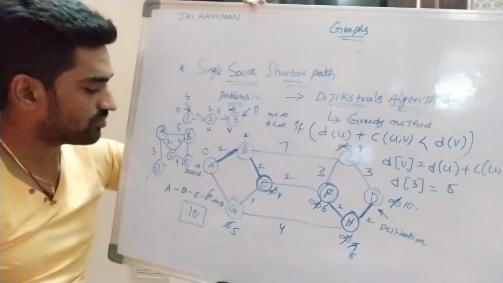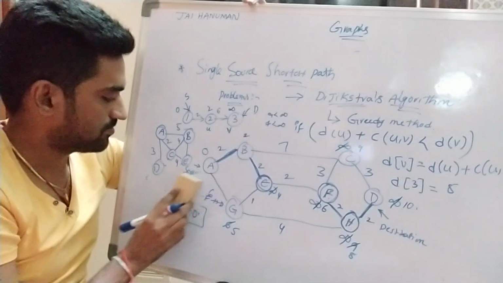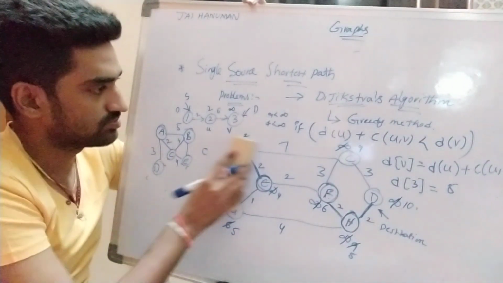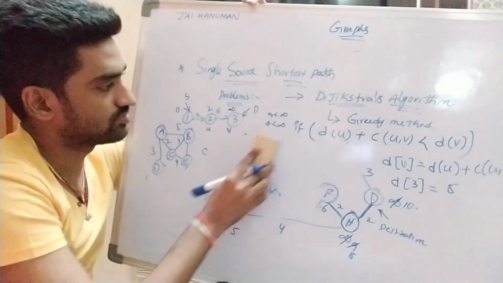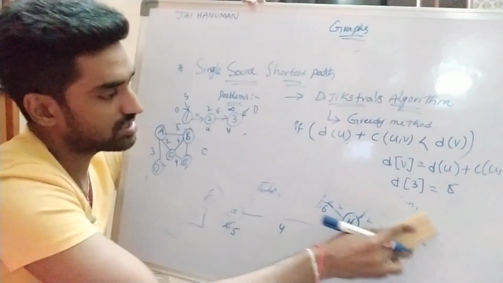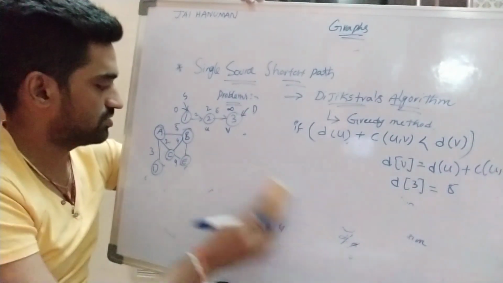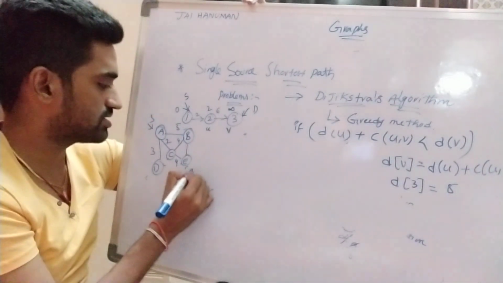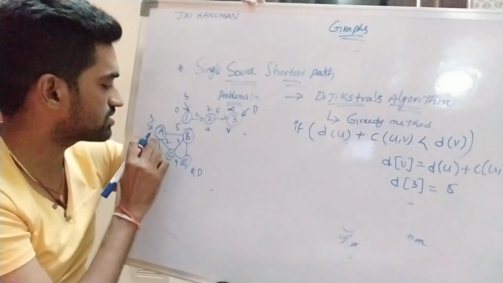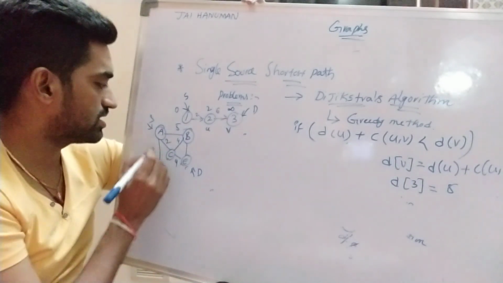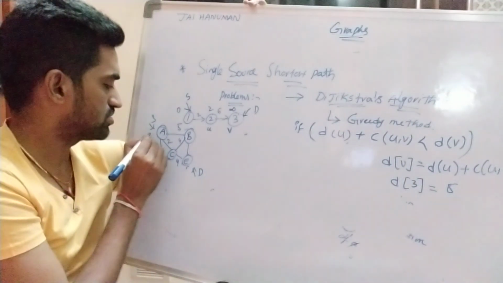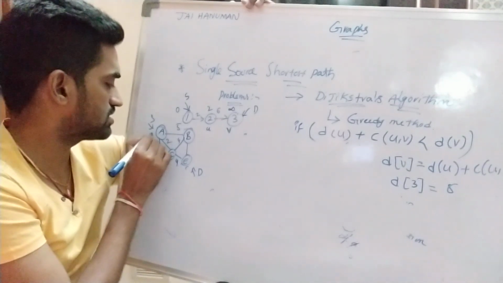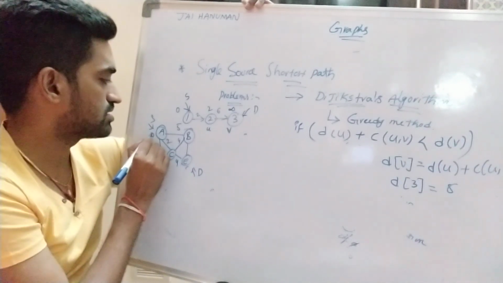Here I am taking one more example. Here I am considering one more graph. This is our graph. In this graph, this is the source and this is the destination. Now we want to find the shortest path between source and destination, right? Initially the source distance can be considered as 0.